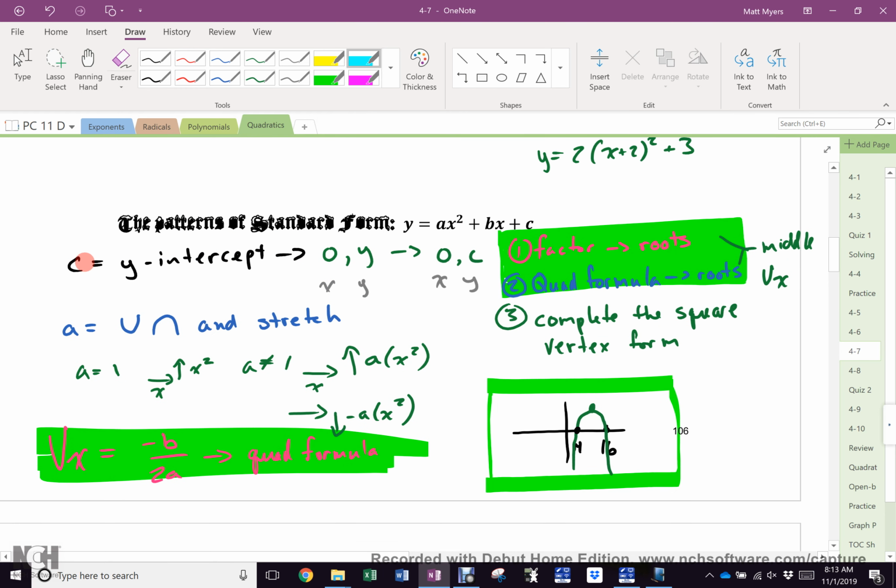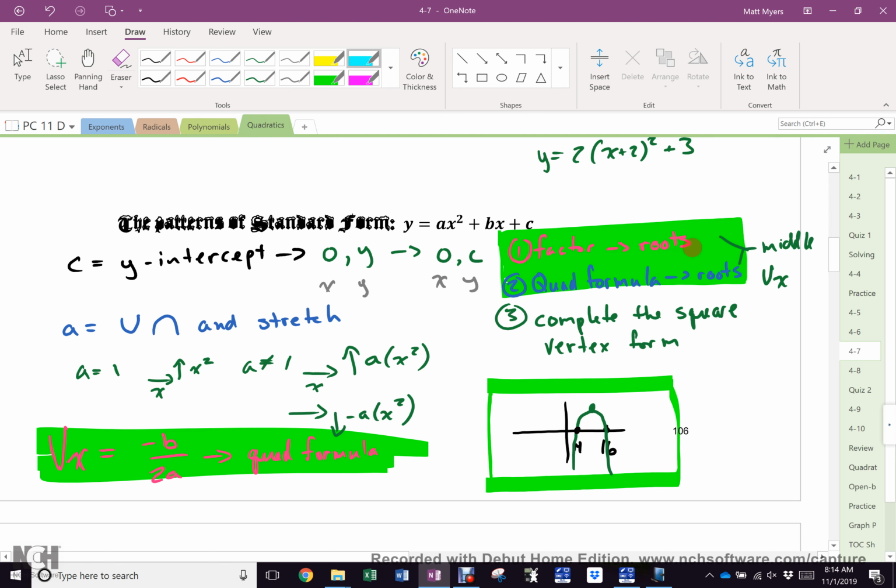So we already know about the y-intercept. We already know about what the a will do for us. And then we have two choices. If we factor or we use the quad formula, we get the roots. And we know the vertex has to be right in the middle.